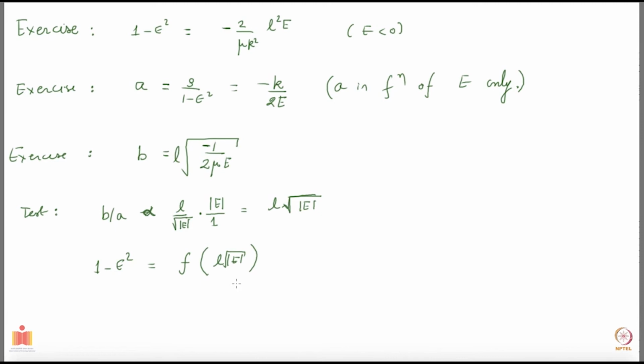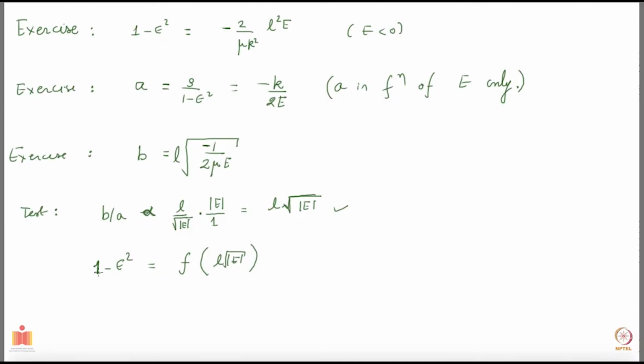Which means that my B over A is coming out consistent with what I expected of the eccentricity. Okay, and these are the kind of small tests we should keep doing during calculations to be sure that we are not making some mistakes. Okay, that's fine.